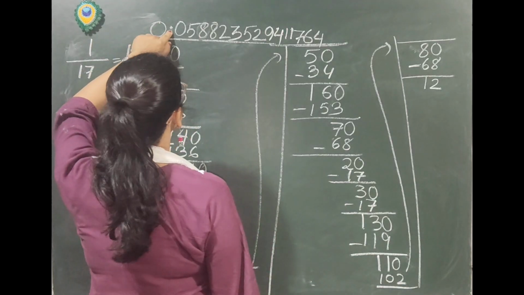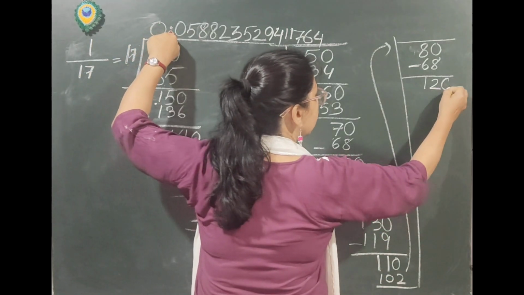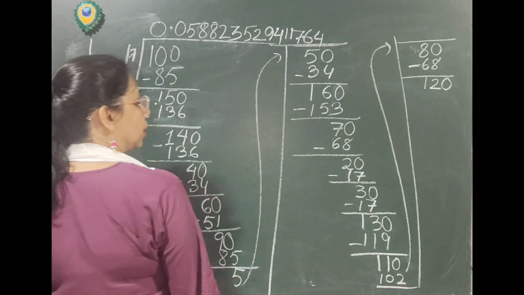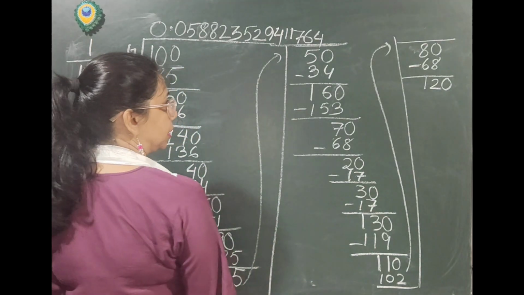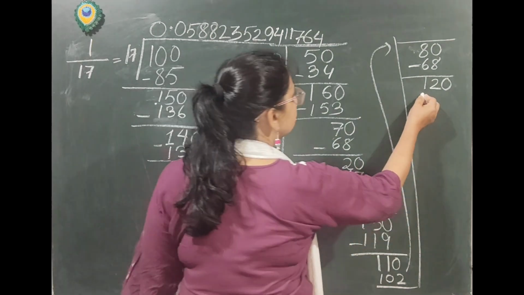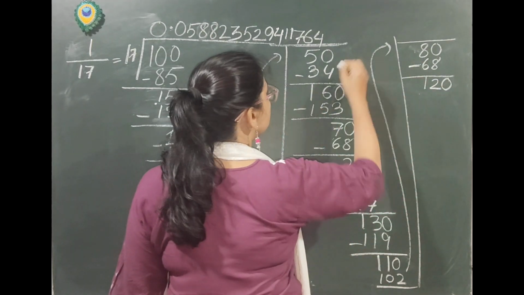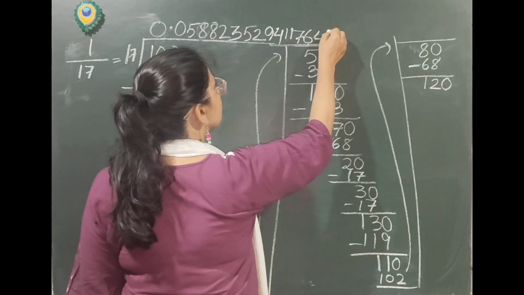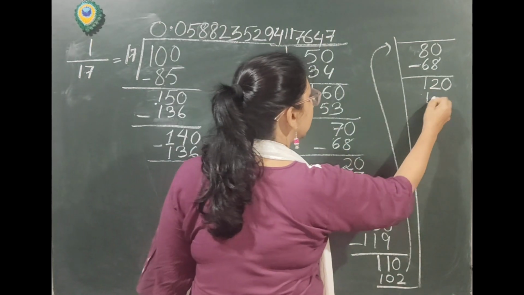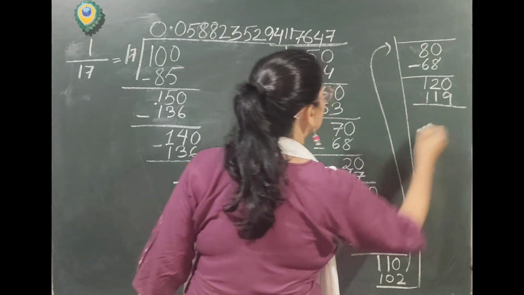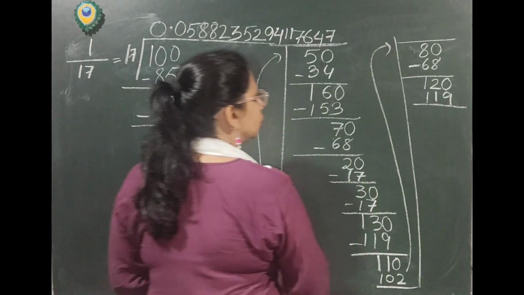Again, due to this decimal point, we can take a 0, because 12 is less than 17. Now we have 120. So if we take 17, 7 again, we get 119. Now what is going to happen now?